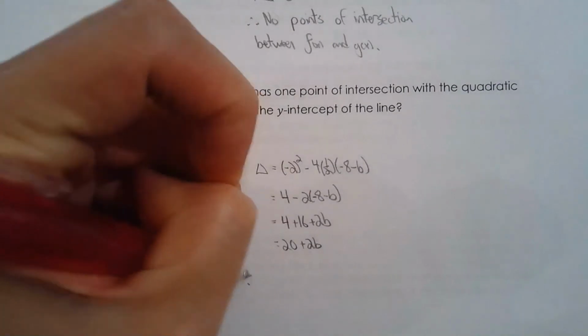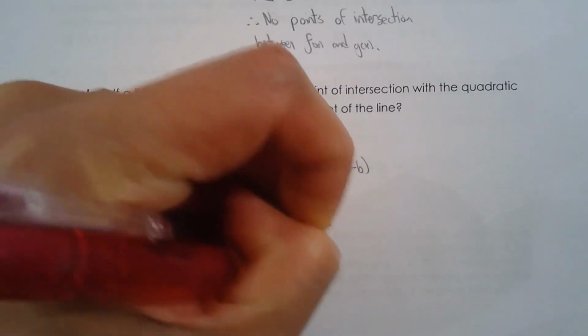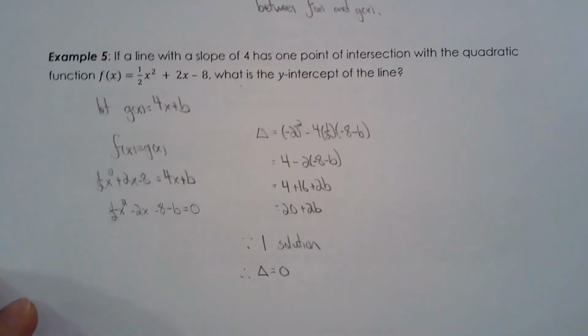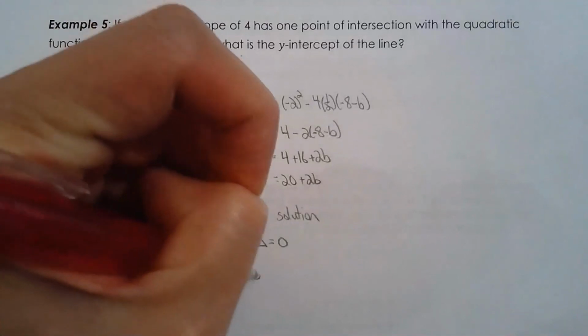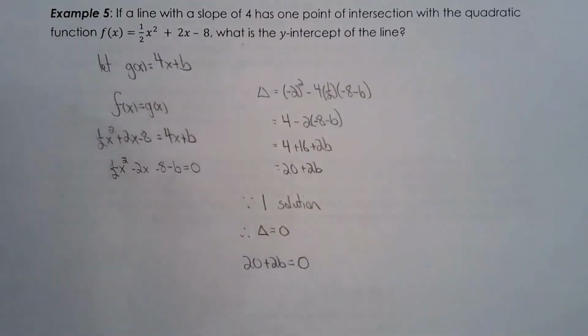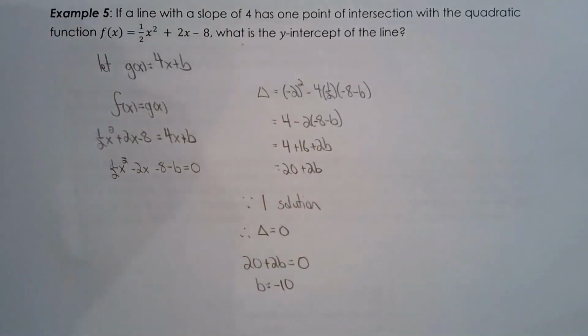So since there's one solution, therefore the discriminant is equal to 0, right? So that means 20 plus 2b must be equal to 0, and that will enable us to solve for b. b is negative 10.